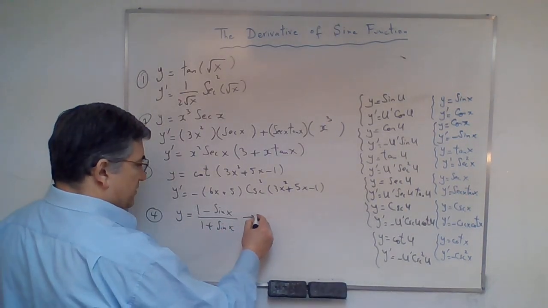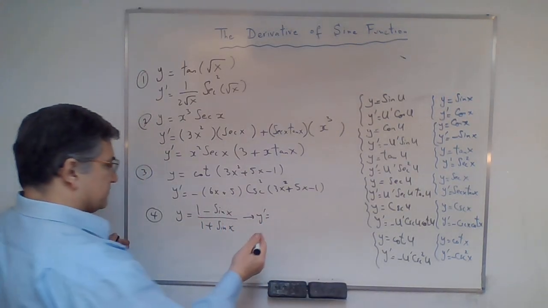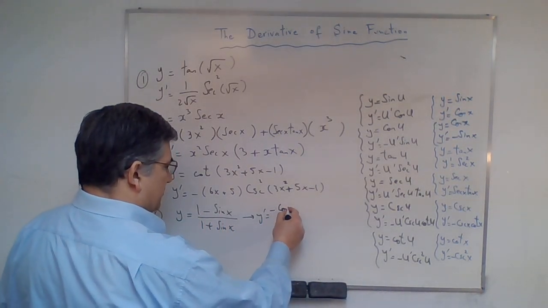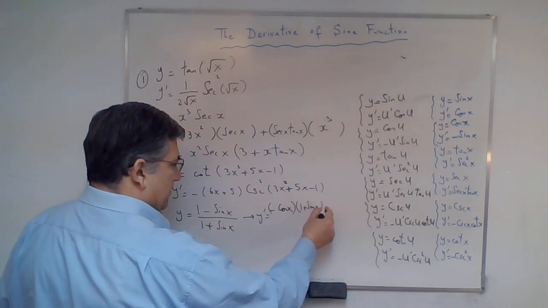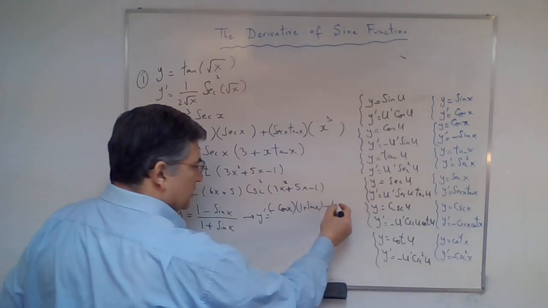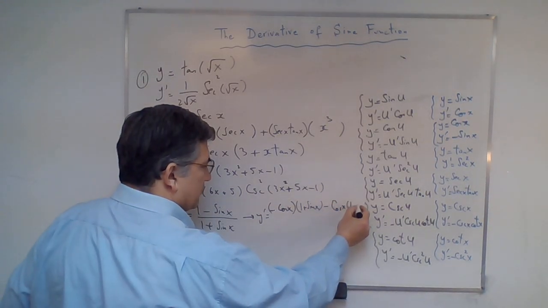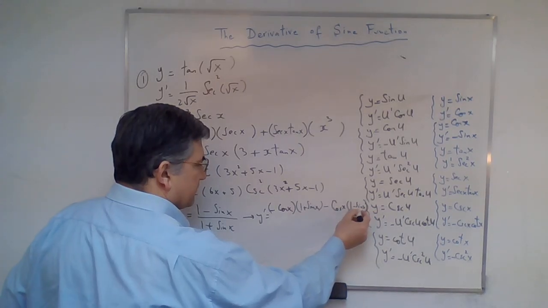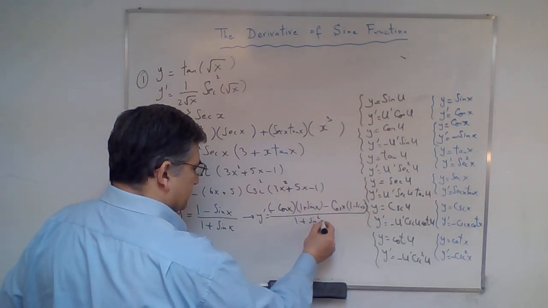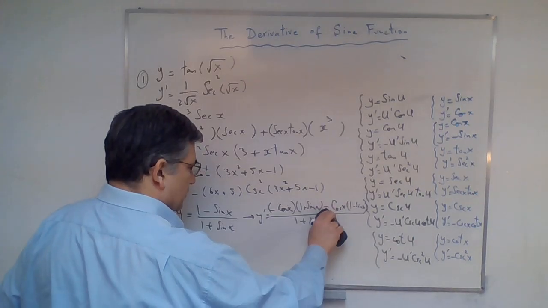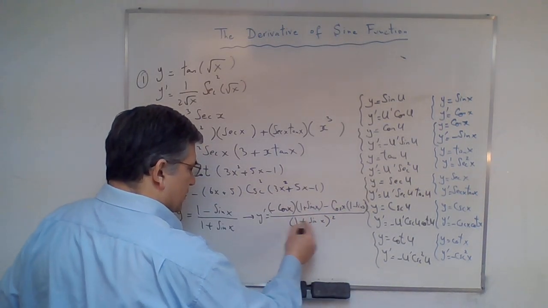So the derivative of top is negative cos x, times the bottom, 1 plus sine x, minus derivative of bottom is cos x, times 1 minus sine x, all over the denominator, 1 plus sine x, the whole thing squared.